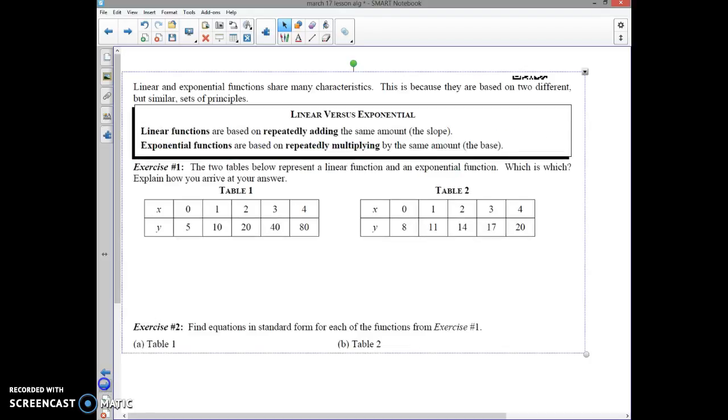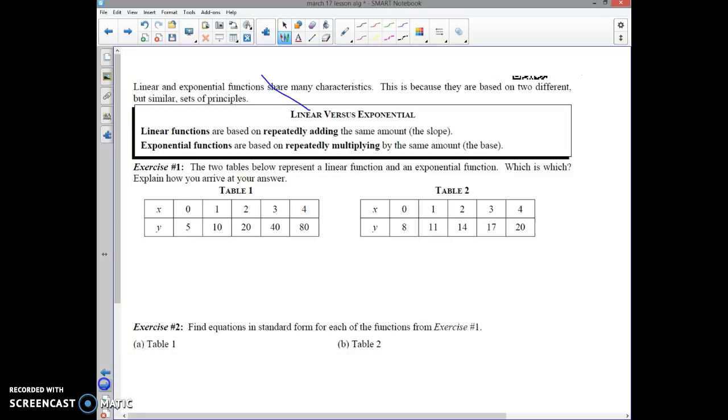Page 17, we need to talk about the difference between linear and exponential. So please remember, linear functions are y equals mx plus b, and the y values are constant. The y values are usually added and subtracted in a constant pattern.